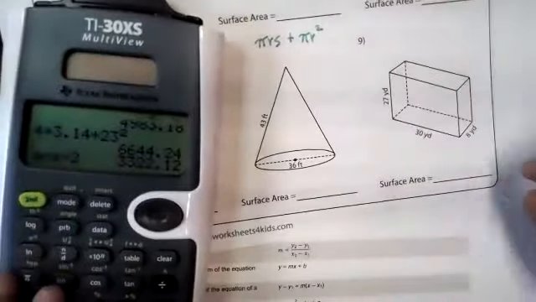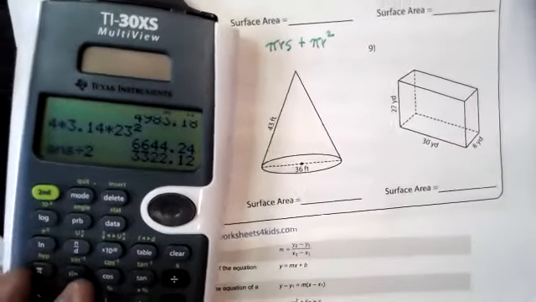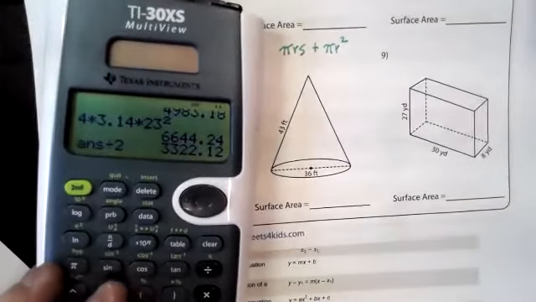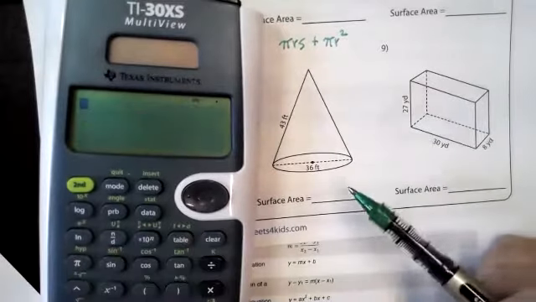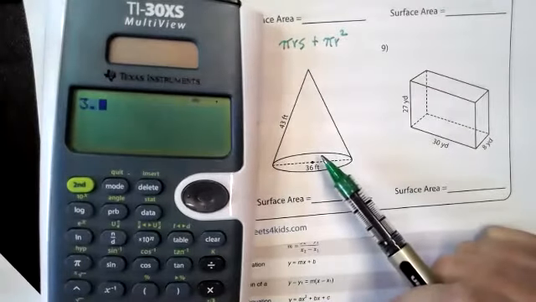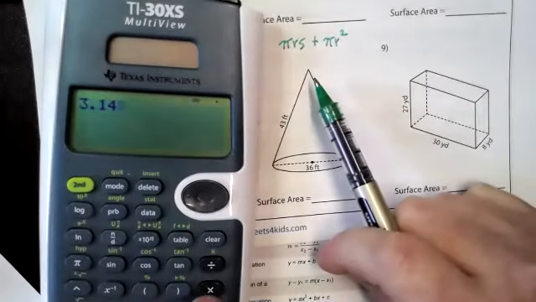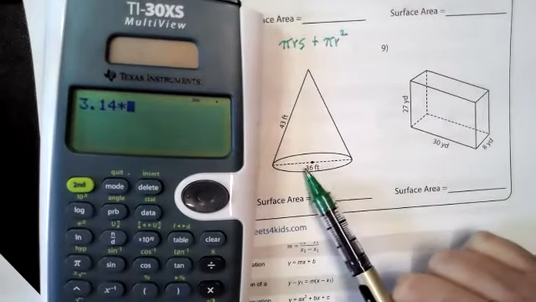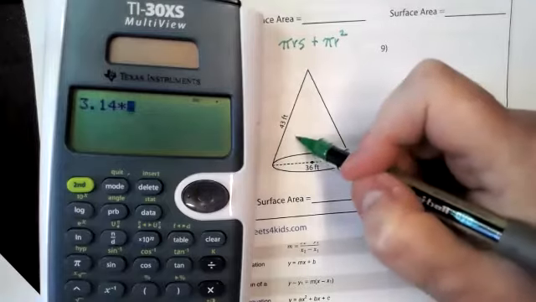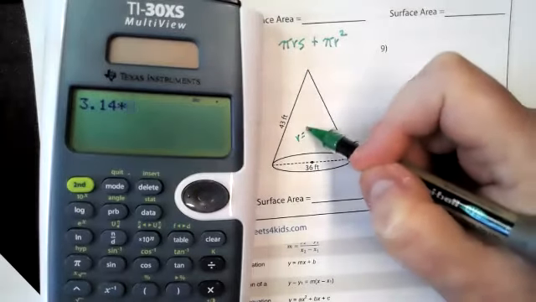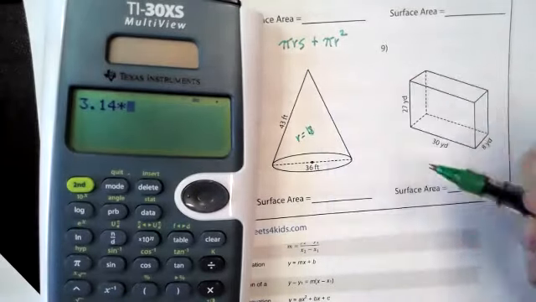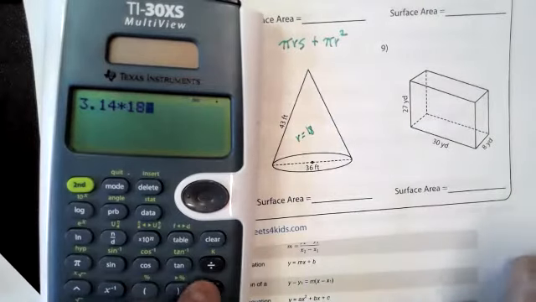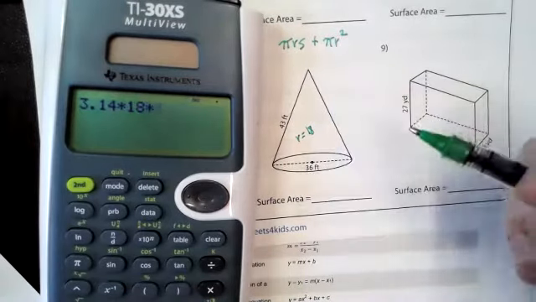All right, let's type this one in. Pi again is always 3.14. So here we've got 3.14 times the radius, which is 18, because this is a diameter. So our radius is 18, times 18 times the side.